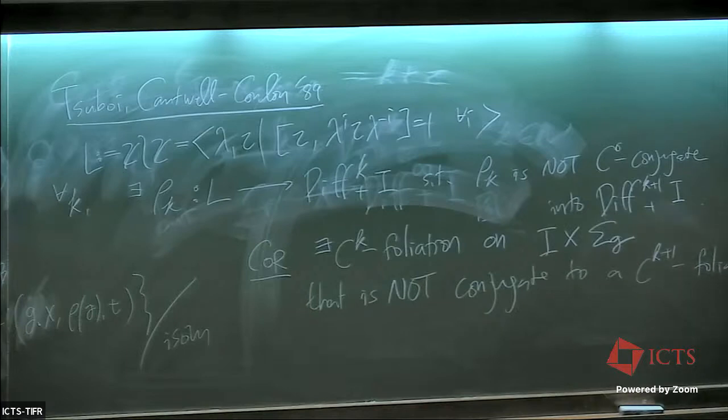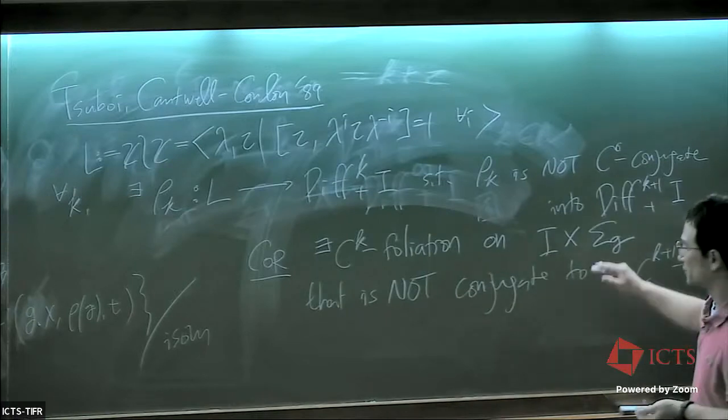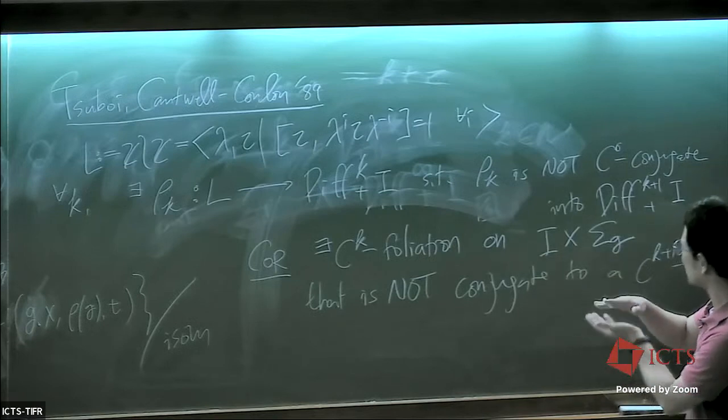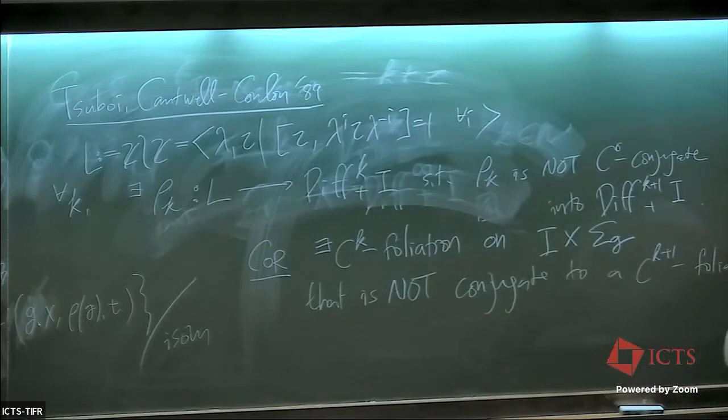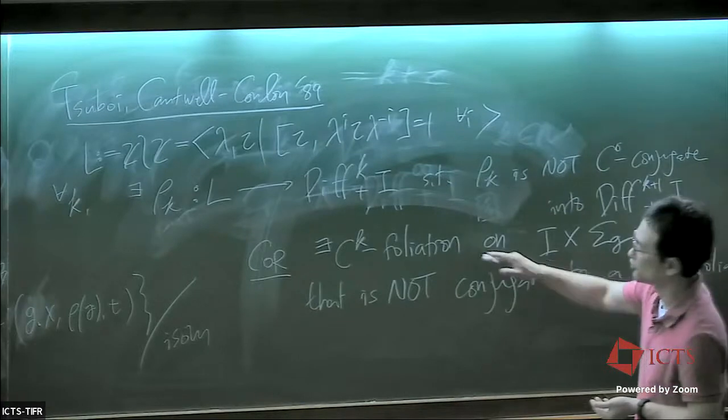So this is an I bundle, just a thickened surface, but you can decompose this space as a union of surfaces, which could be even a hyperbolic plane. But you cannot topologically conjugate it. Even if you apply a suitable homeomorphism, you cannot make the transition maps C^(k+1). The transition maps can only be made C^k.